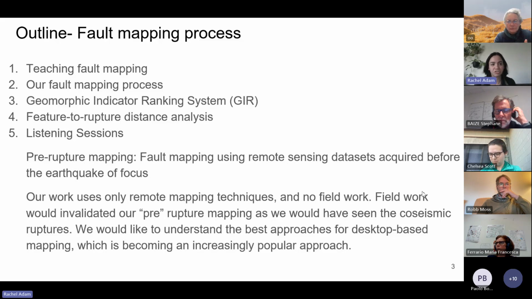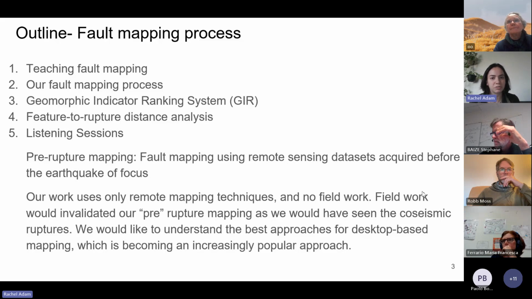But just a bit of an outline about my presentation. First, I'm going to talk about teaching the fault mapping that we introduced into two courses at ASU and University of Nevada, Reno. Then I'll introduce the fault mapping process, or systematic process, that we developed to introduce to students and consultants. I'll then talk about the geomorphic indicator ranking system, or the GIR, which is the system that we created for the mappers to use in the GIS software to map the geomorphology.